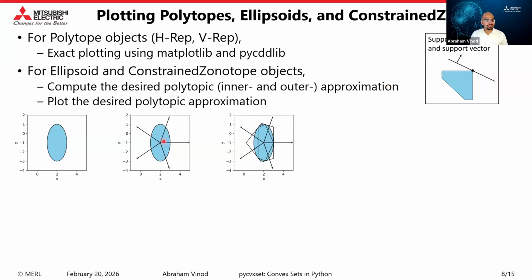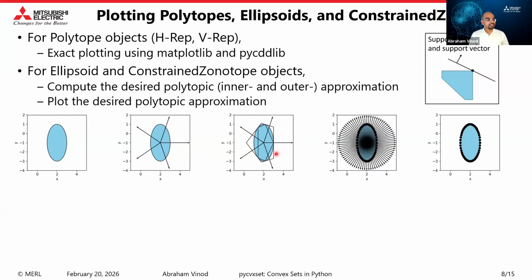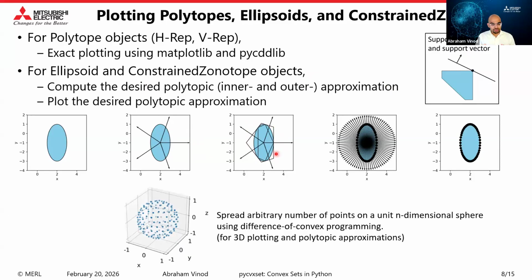So I can define these sets, direction vectors, and get these set half spaces. And if I naturally increase the number of direction vectors, I get more and more accurate set representations. pycvxset also lets you spread an arbitrary number of points on an n-dimensional sphere using difference of convex programming. So this is what I use internally to do 3D plotting and polytopic approximations beyond 2D.